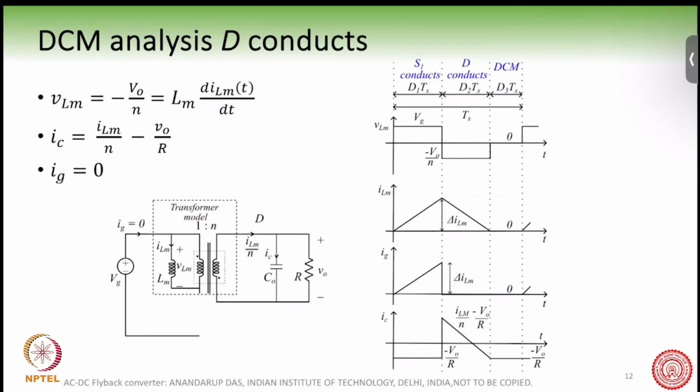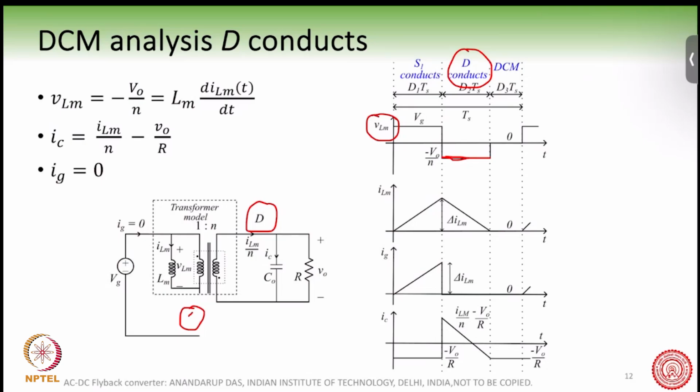Now let us take the condition when the diode conducts. As soon as you remove the gate pulse from this switch, it will be turned off. The diode will get forward biased, which we had discussed in the previous lecture. And then this VLM voltage will become minus V0 by N. Why is it so?